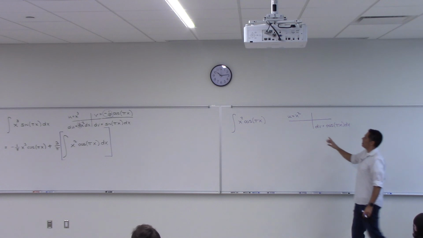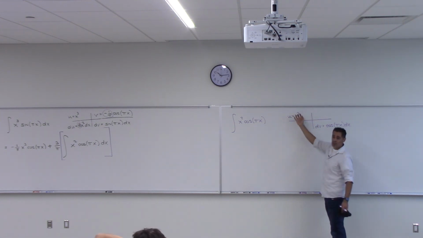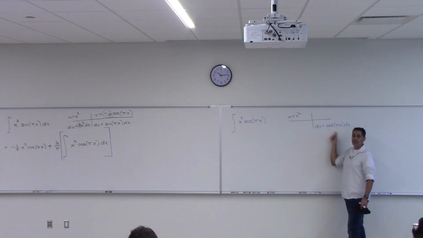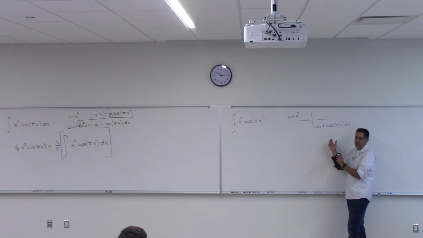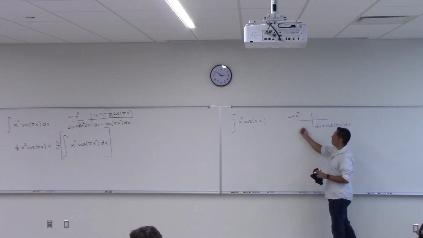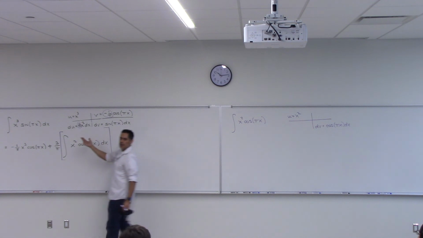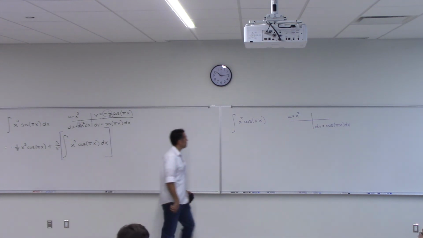The question was, in the new integration by parts, should we let the cosine pi x be the u and the x squared be the dv, like switch them up, maybe it'll make it faster? Turns out it'll take you backwards because the x squared would go back to an x cubed and the cosine would go to a sine, so your new integral would be x cubed in sine, which is exactly what you started with. So it won't help you at all.